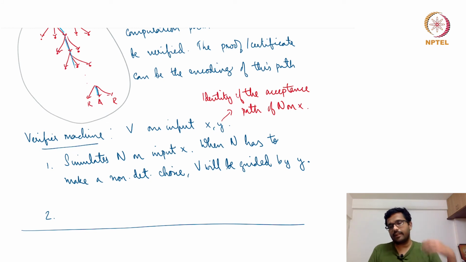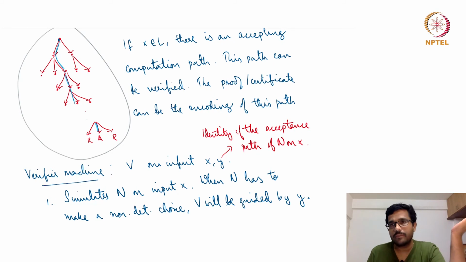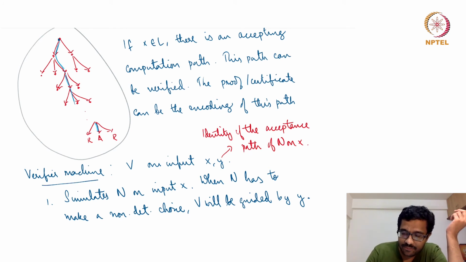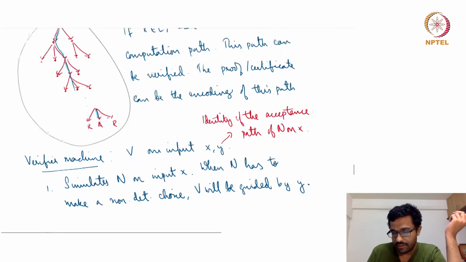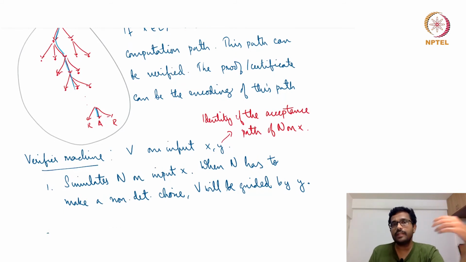So basically it runs as if N is running, but N makes non-deterministic choices. And what will we do? We will follow the path as guided by the string y. Y will tell you which is the accepting path. So if there is an accepting path, y can encode that and we can verify that. If x is not in the language, all the paths will go to reject.